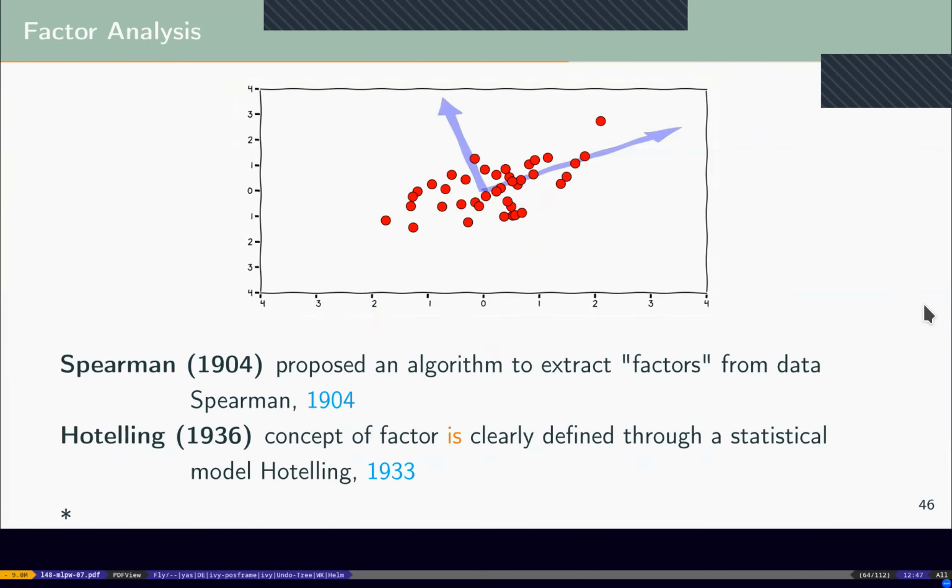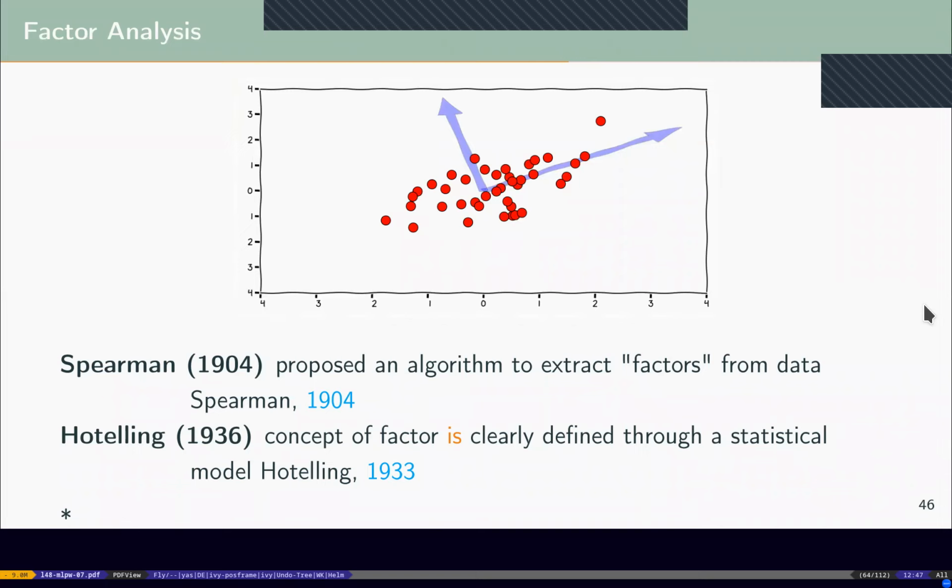An even better example, I think, is the original paper on factor analysis, 1904 from Spearman, which proposed a solution to extract factors in experimental psychology. If you want to read this paper, it's a really scary paper because it's basically eugenics.